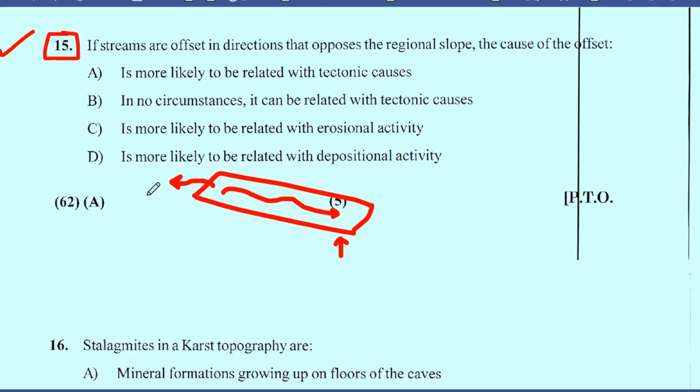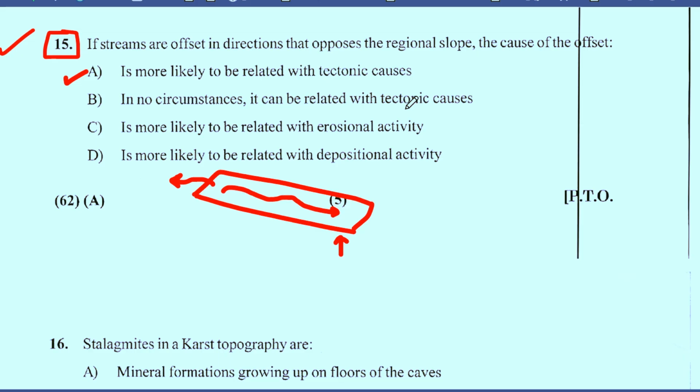Now the course of the stream is flowing in some other direction, not the whole area but some part of the area. We call this structural, more likely related to a tectonic cause.